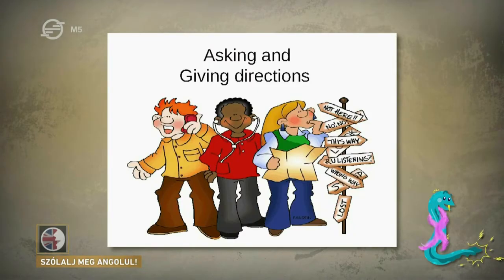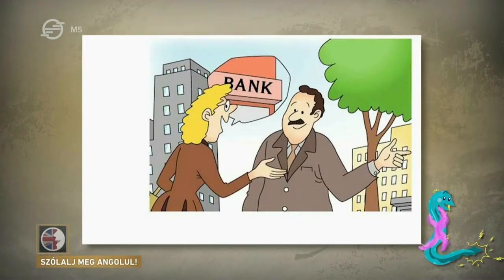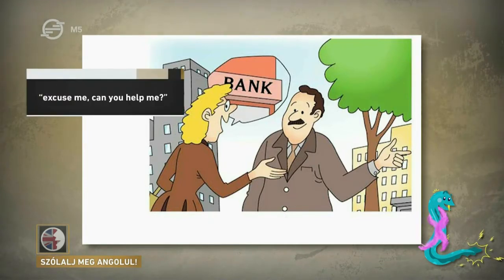Now, today I heard you learning some new prepositions and talking about directions with Gav. I'd like to offer some help with directions as well. Now, when you need help with directions, you have to ask someone to help you, don't you? We say, "Excuse me, can you help me?"